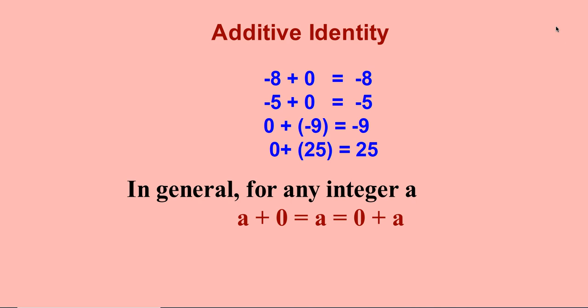Then associative property: a plus b plus c is equal to a plus b plus c for any integers a, b and c. That is associative property. And lastly, we learned additive identity. 0 is the additive identity. These are all the properties of addition and subtraction of integers.